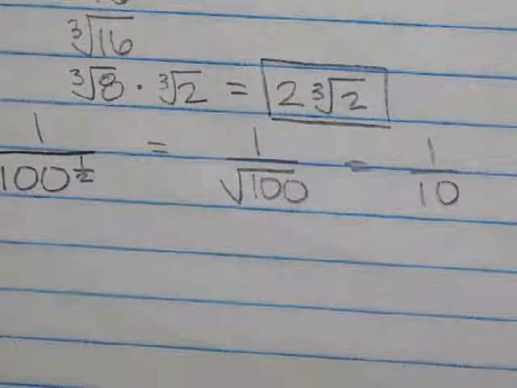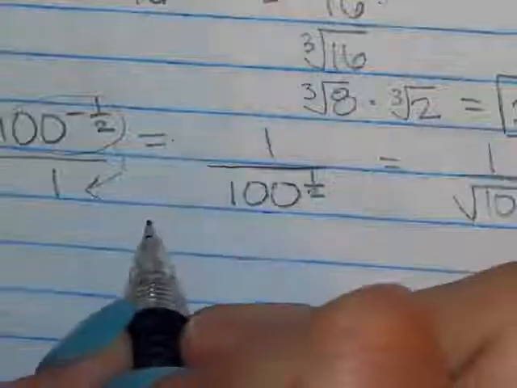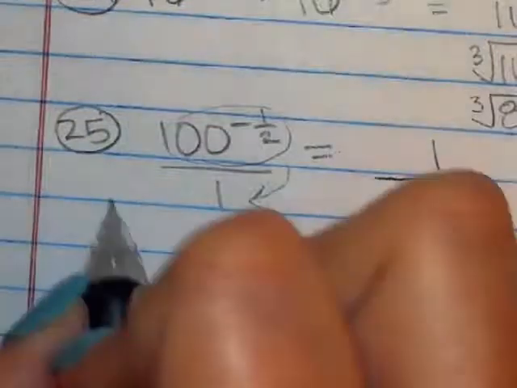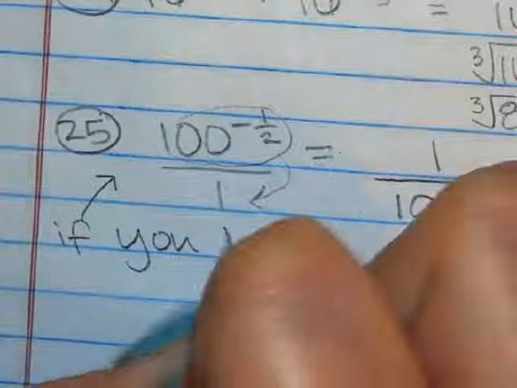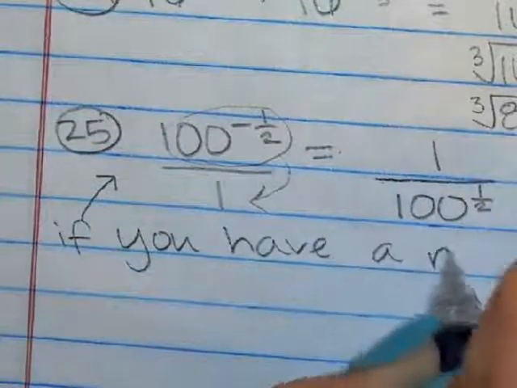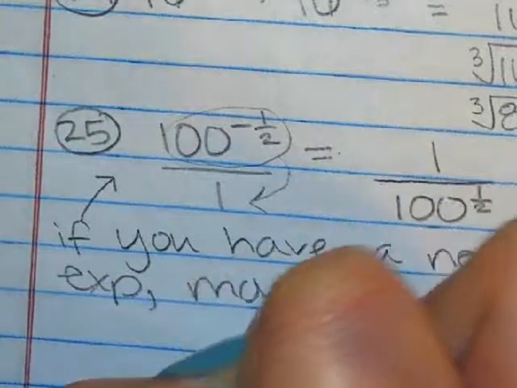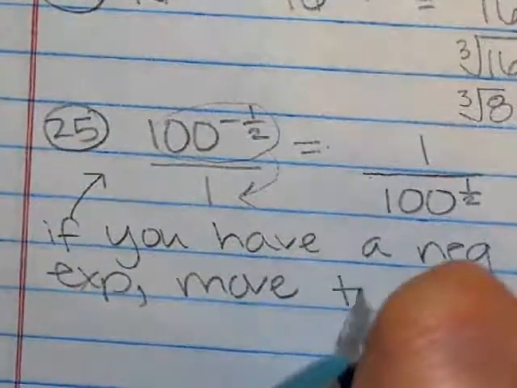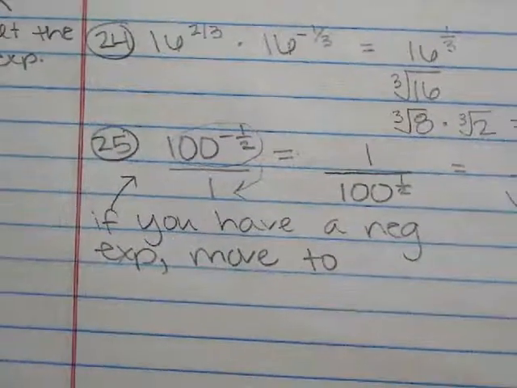Everybody write that on your notes. If you have a negative exponent, move to the opposite side of the fraction and make positive.